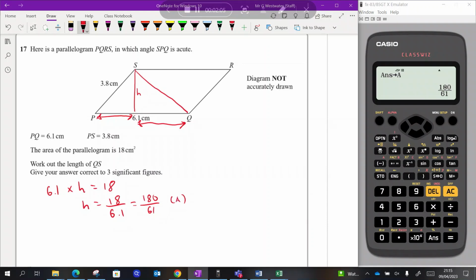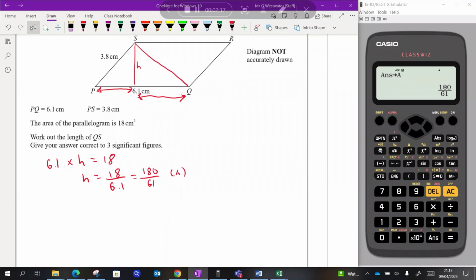Now this whole bottom side is 6.1. I will need to work out what this is, so I can therefore work out what this length is. So if we've got 3.8 over here, let's call this x, and this one y, then x squared plus h squared is going to equal 3.8 squared.